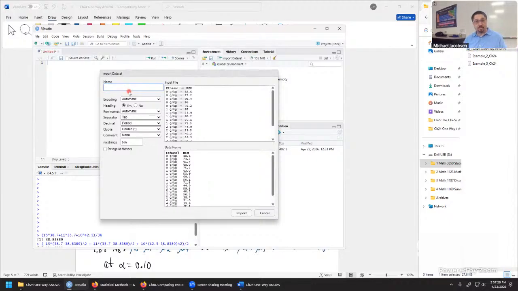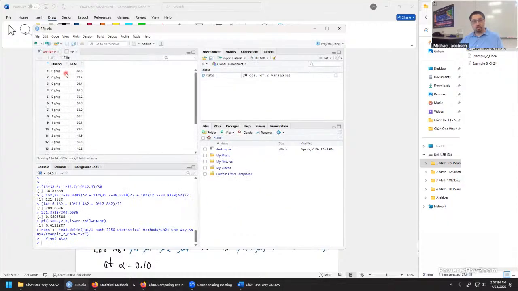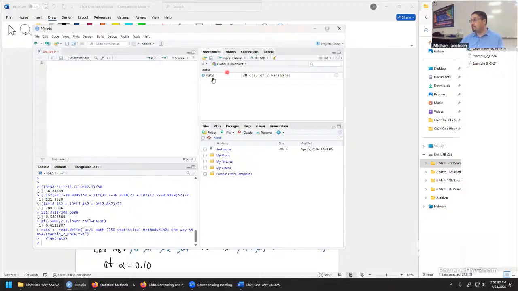So I'm just going to rename this something that makes sense. You could call this, say, it's about REM sleep time, ethanol. How about rats? Because that's the subjects of this study. So I'll just call this rats, lowercase. We have the ethanol, that's the categorical variable, the treatments. We have REM, that's a quantitative variable. Import that. This is just the data view. We often click away. Expand the data frame, and here's our data.